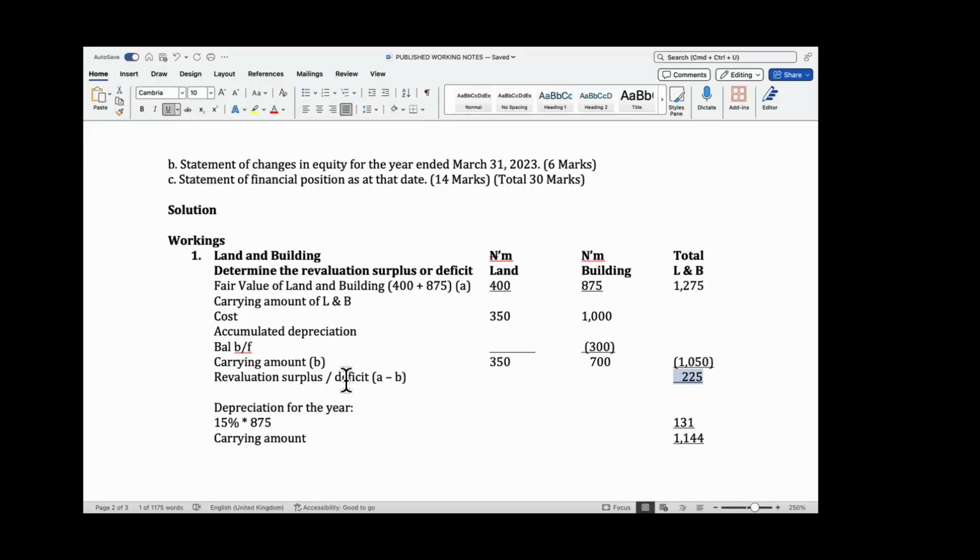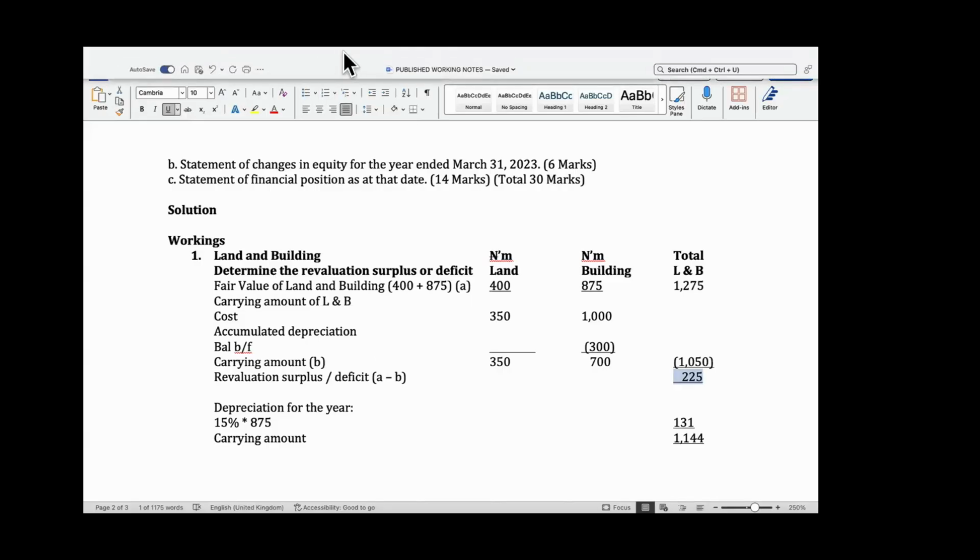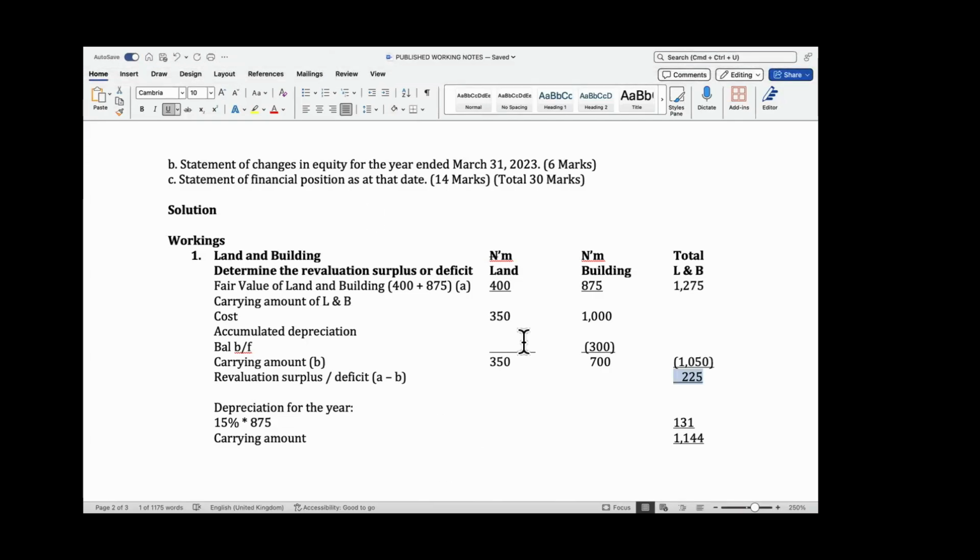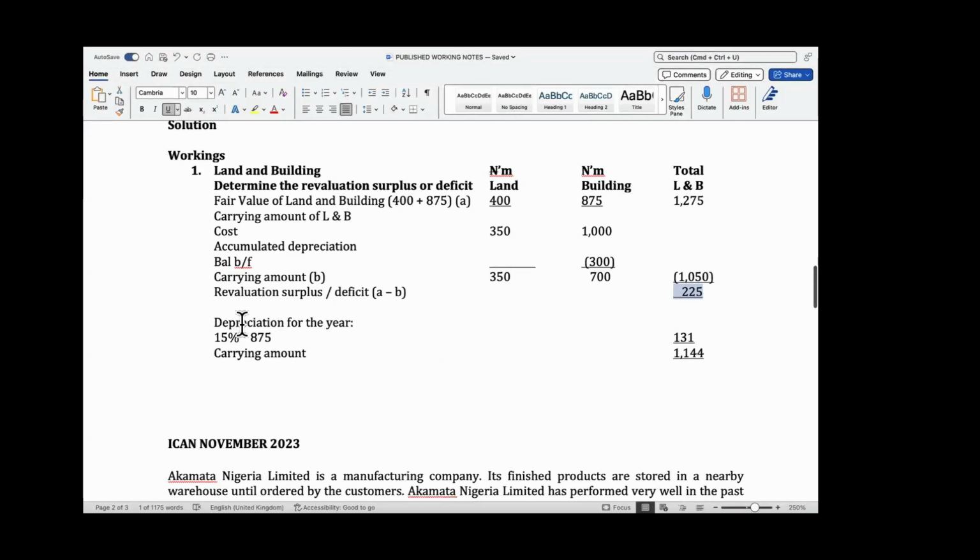Otherwise, I would have been wrong like the way we did it, because the revaluation was done at the beginning of the year. If the revaluation was at the end of the year, maybe you would have been right the way we did it. So then we went ahead to do our depreciation for the year. Since the examiner told us that depreciation is 15% on reducing balance, no problem.